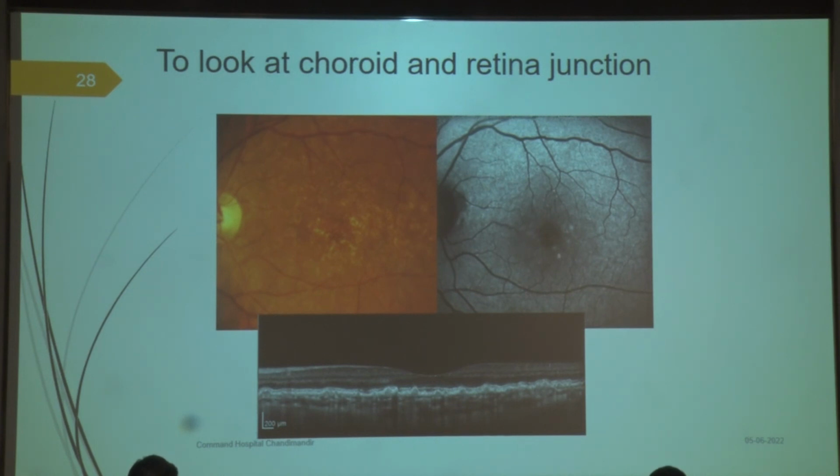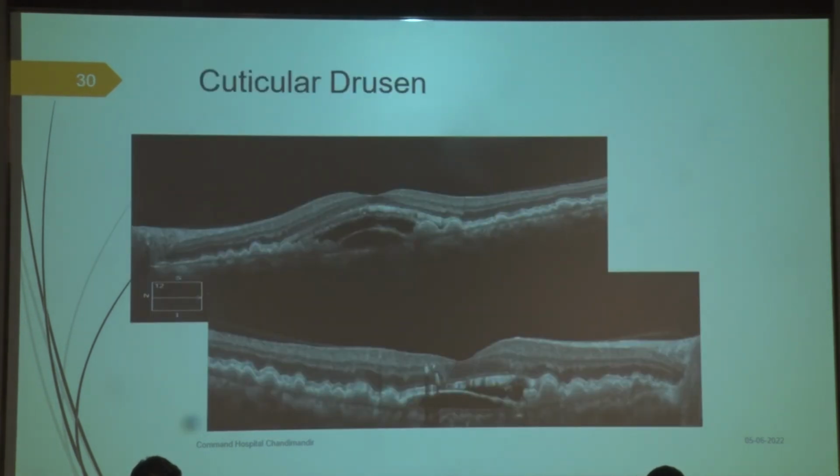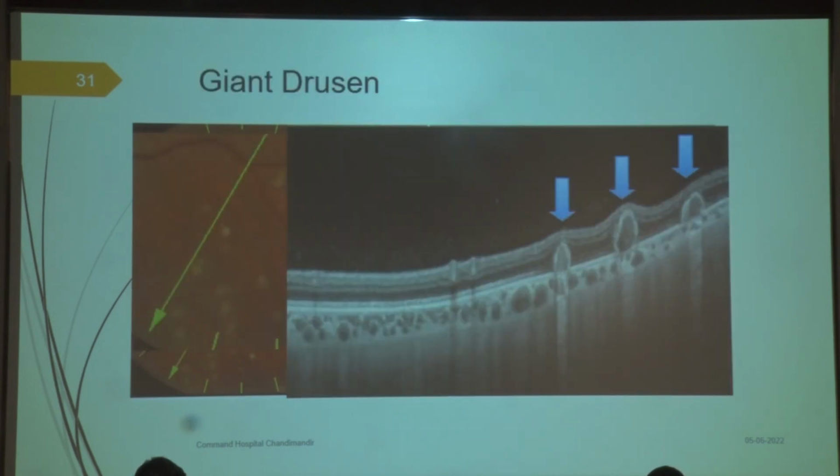And lastly, we have to look at the choroid and retina junction carefully. I'll summarize by talking about these drusen which are even being diagnosed as inflammatory or CNVM cause and being treated with intravitreal steroid and anti-VEGF, which we do not feel should be the ideal approach.